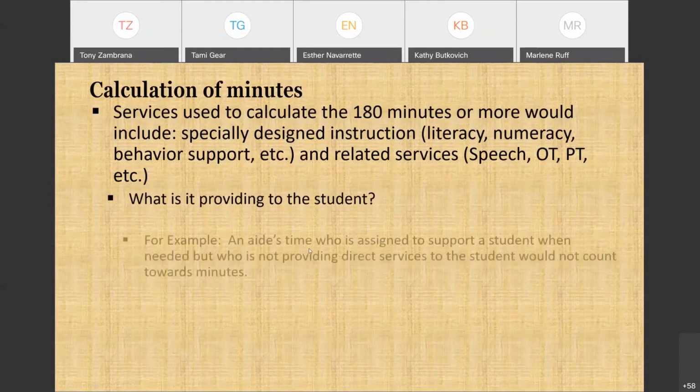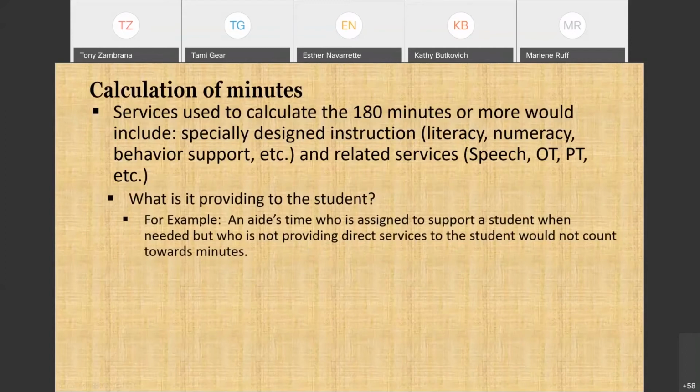Okay, and let me give you an example. Let me clarify this. An aide's time, where the aide is assigned to support a student when needed but is not providing direct service to the student, would not count towards minutes.